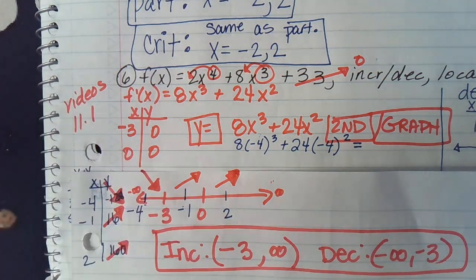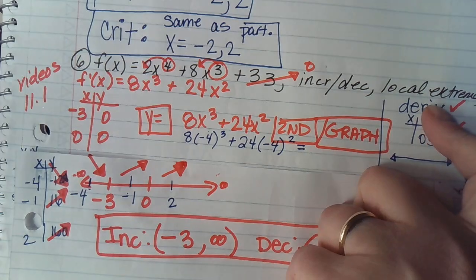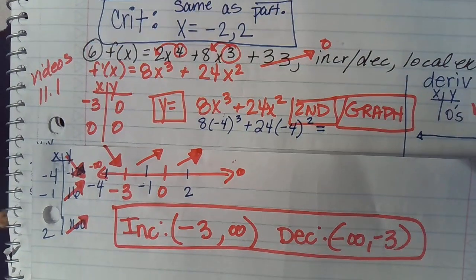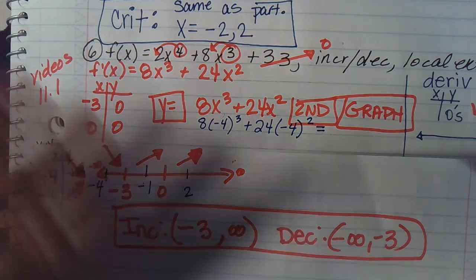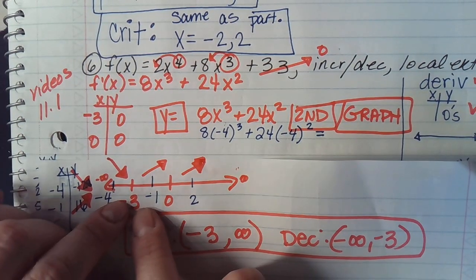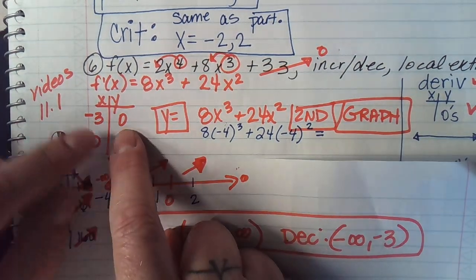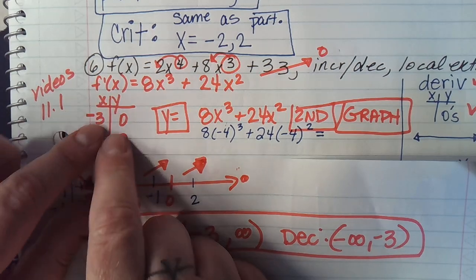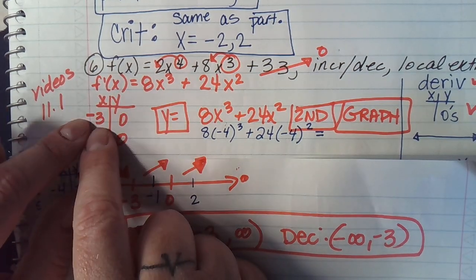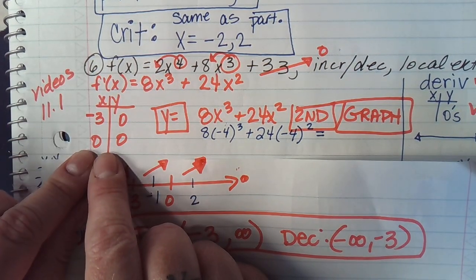Okay, the last thing that it asked us to do was find the local extrema. Well, the local extrema come from these numbers from the first t-chart with the zeros, negative 3 and 0.